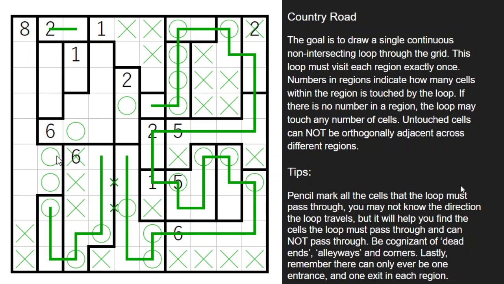There's no way to solve the 8 there, so it can't enter there. And if it enters this way, 1, 2, 3, 4, 5, 6, 7, 8, yeah, that's fine. So that would work. So again, not the most helpful.